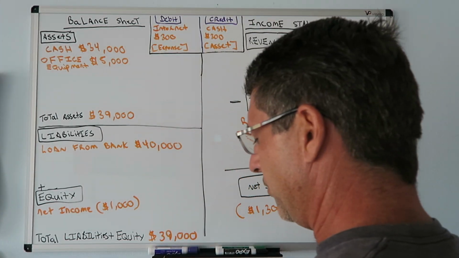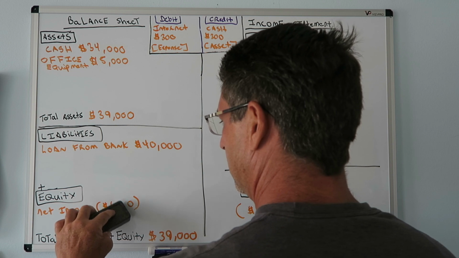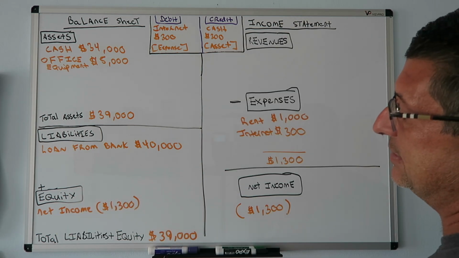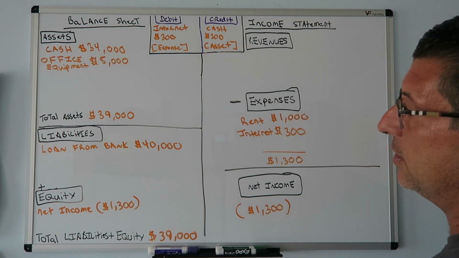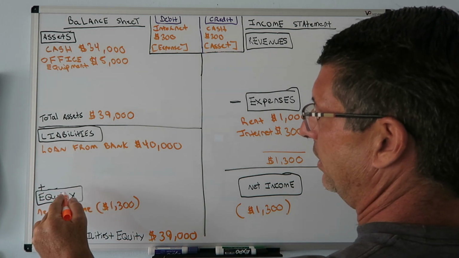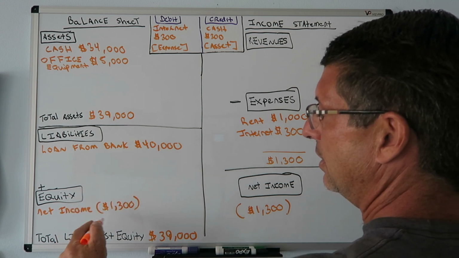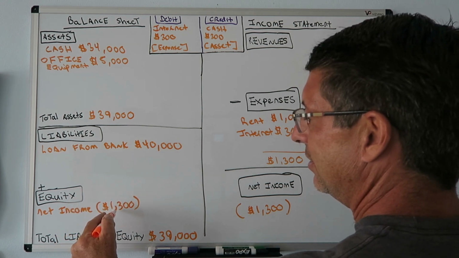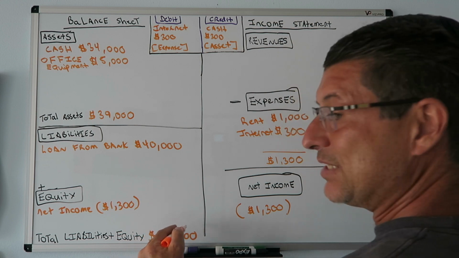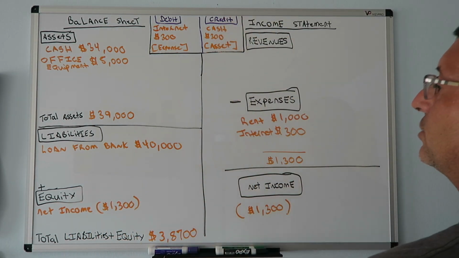So we've got our net income of negative $1,300, and that means liabilities plus equity is going to be $40,000 minus $1,300. So that's $38,700.